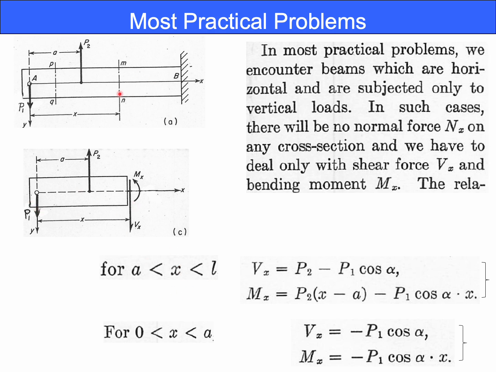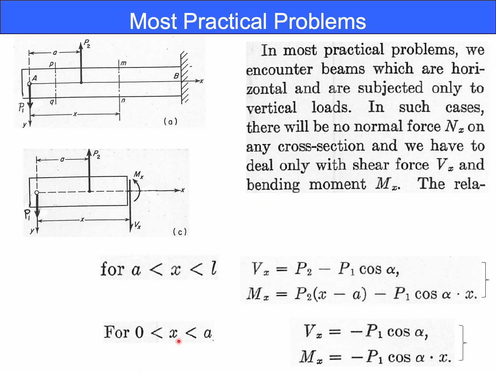between A and L, so this section, this part, we find both P1 and P2 in this free body, like this. We find Vx equals P2 minus P1 cosine of alpha, and Mx equals P2 times (x minus A) minus P1 cosine of alpha times x.